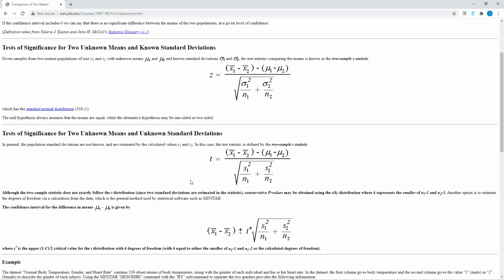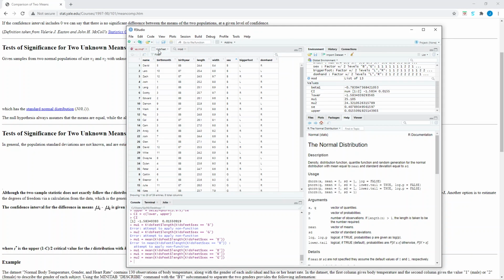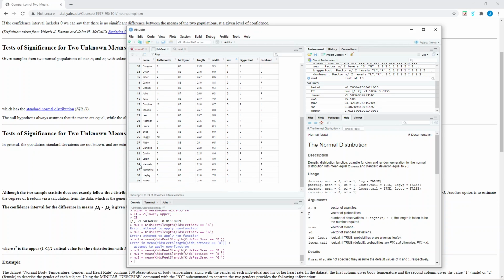But because we know the data set is pretty large, remember that if we have more than 27 data points, the distribution of this sample will asymptotically equal the normal distribution.